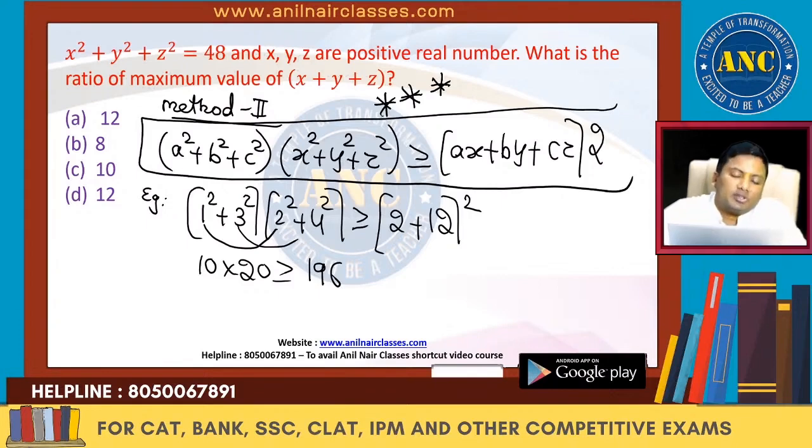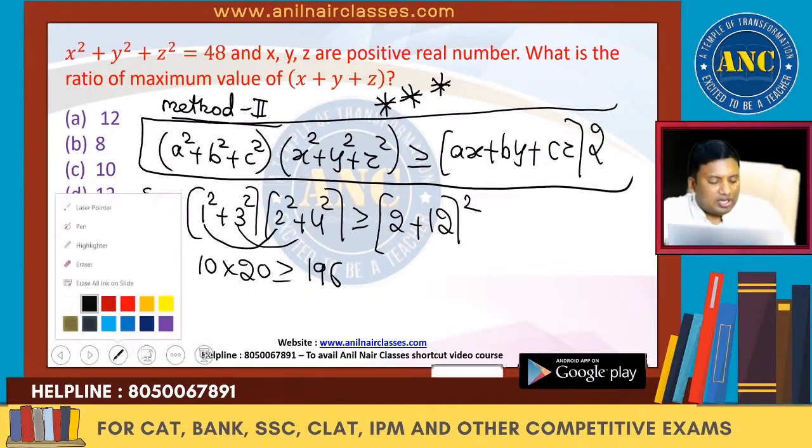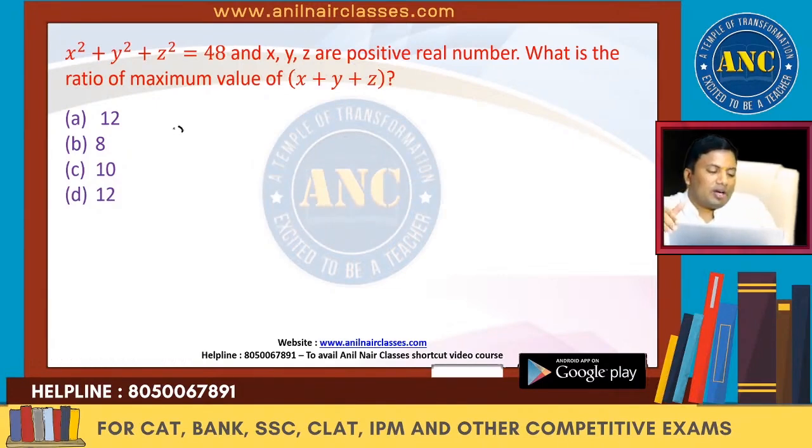A square plus b square plus c square into x square plus y square plus z square is always greater than or equivalent to ax plus by plus cz whole square. So by using this same concept, we will write down the concept here.